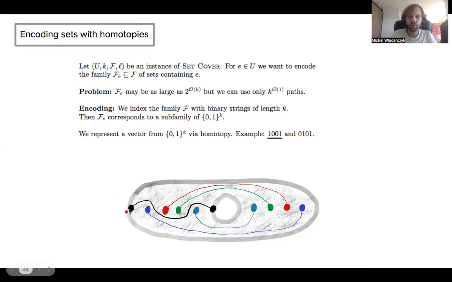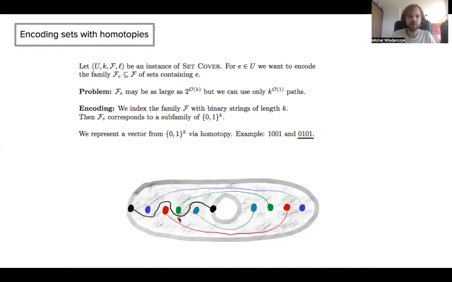And in this example, we have a path corresponding to vector 1, 0, 0, 1, and this is an example for vector 0, 1, 0, 1. The choice of this homotopy class enforces directions for the remaining paths here. So these colorful paths need to take either the lower passage or the upper passage, depending on this vector.